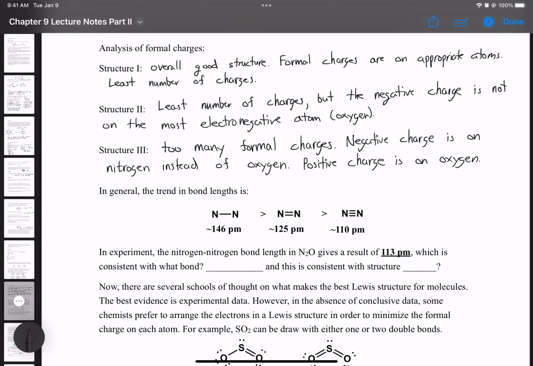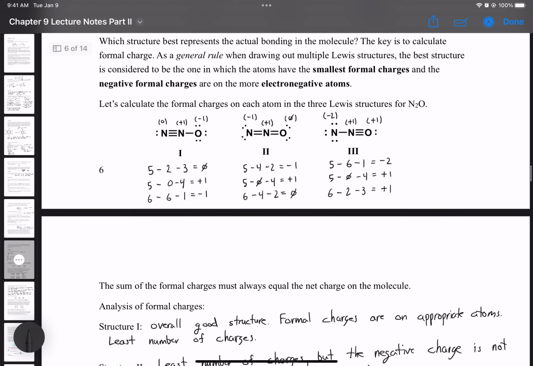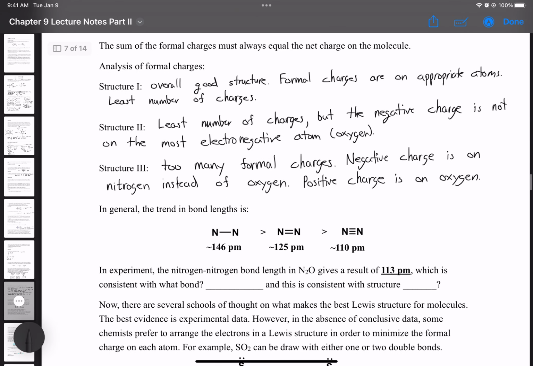So now, by experiment, this nitrogen-nitrogen bond length in N2O gives a result of 113 picometers. So based on this information and based on our analysis of formal charges, which is the most appropriate structure?